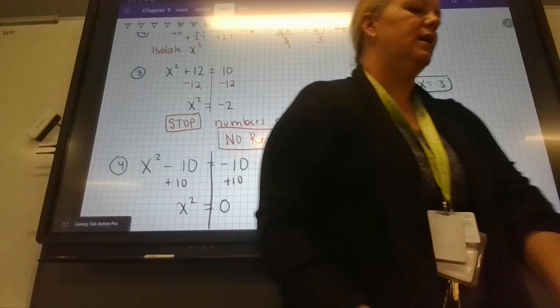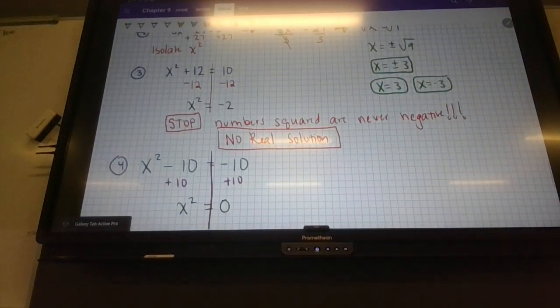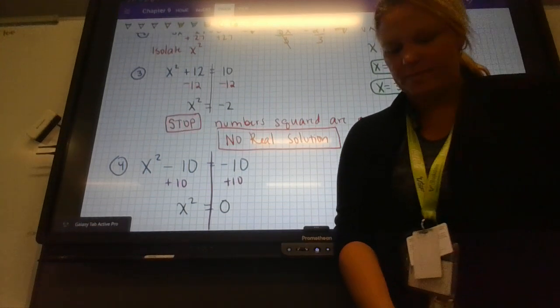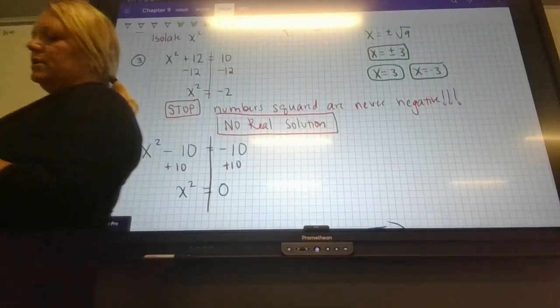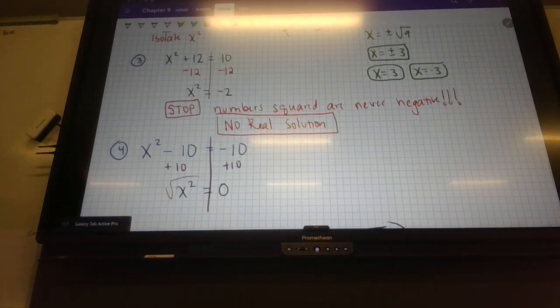I should have put it in the list. Yeah, the square root of 0 is 0. So I'm gonna alter my list. I got the 1. I should have put 0. 0 squared is 0. Square root of 0 is 0. So this one you don't need the plus or minus for. It's only 1 answer and it's 0.